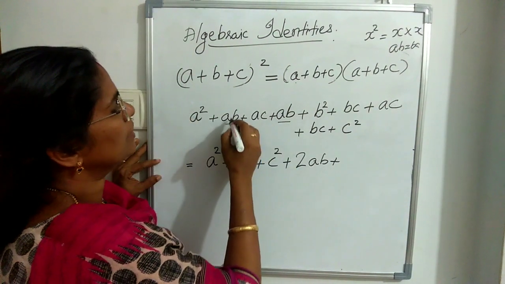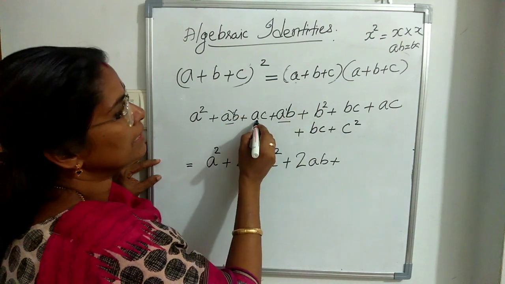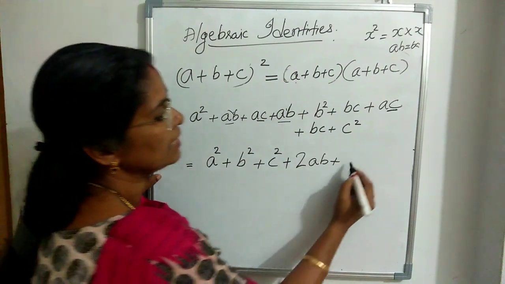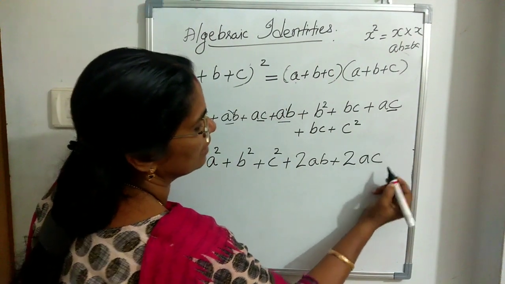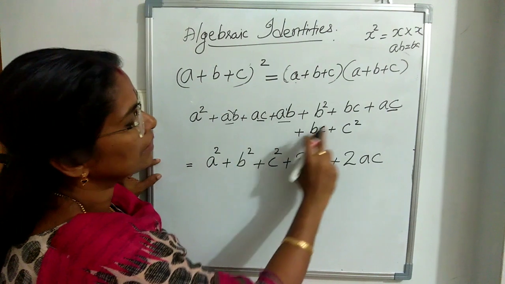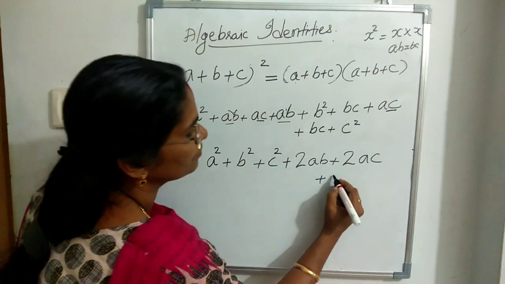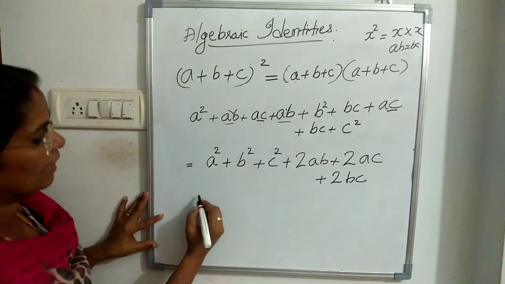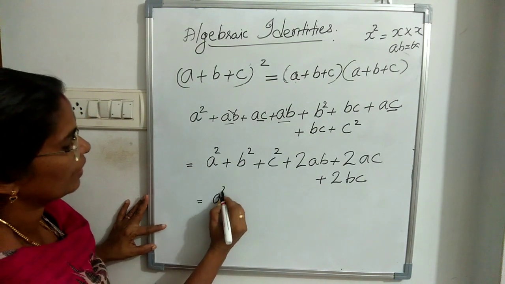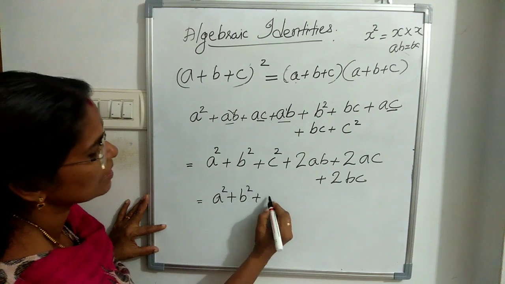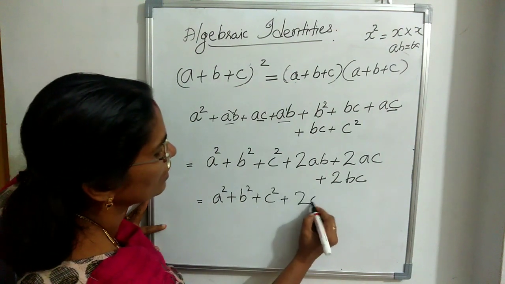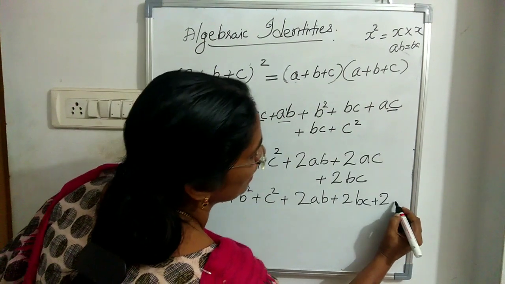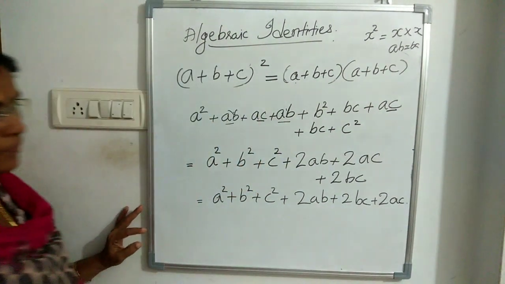Next ac is here and here also 1 ac. ac plus ac is 2ac. Again one more term is there, bc and bc, that is 2bc. One more time we can rearrange it: a square plus b square plus c square plus 2ab plus 2bc plus 2ca or 2ac. Both are the same.